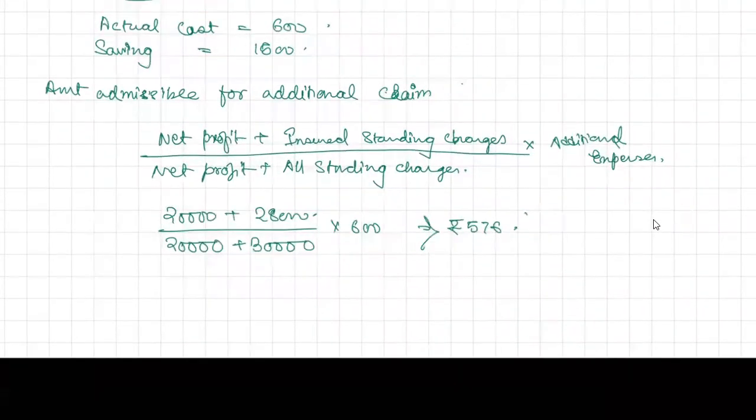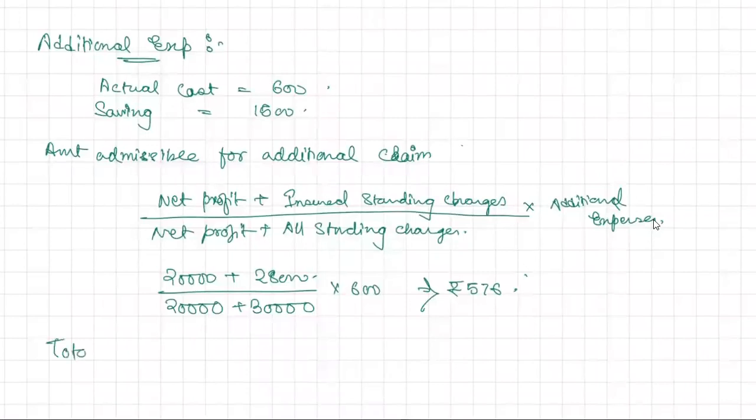तो नाउ टोटल क्लेम विल बी व्हाट? GP on short sales was 16,000.